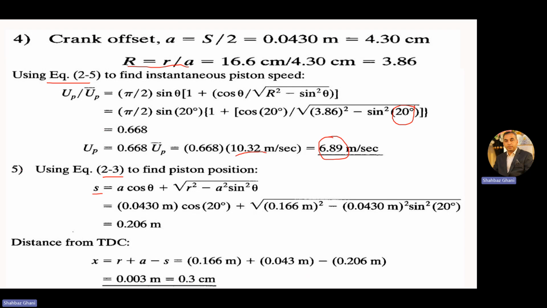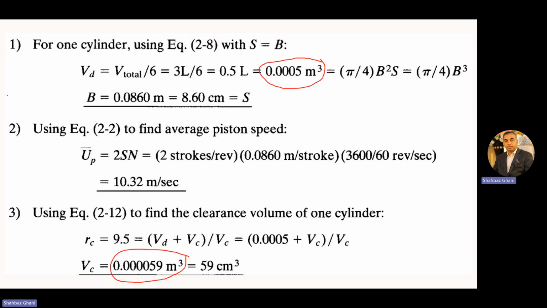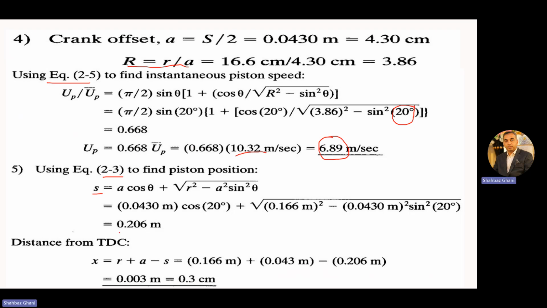So at 20 degrees, sorry, 0.0860 meter, or 8.60 centimeter. It is at that distance from TDC at that time. Now, the distance from TDC at that time is 0.3 centimeters. So this is how we can find different values inside the combustion chamber.